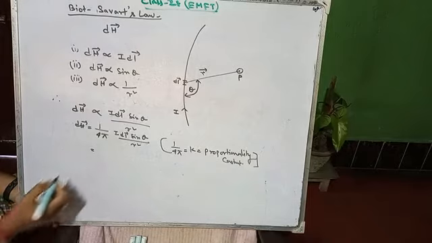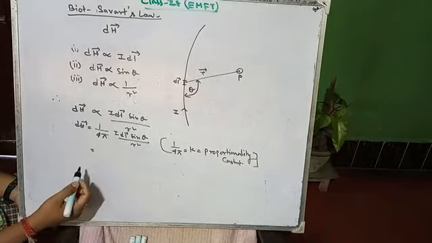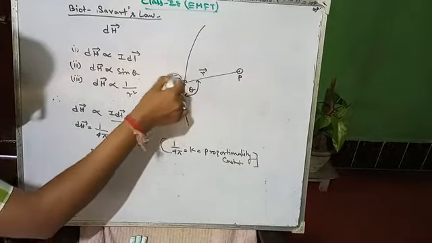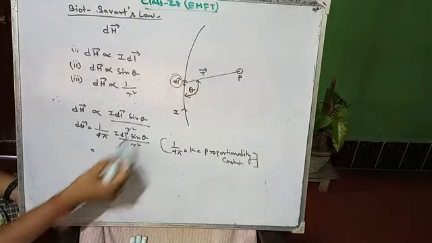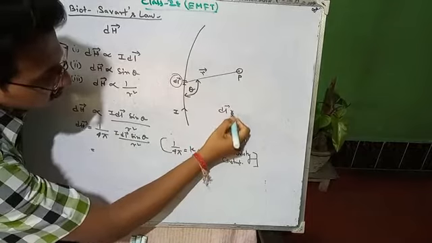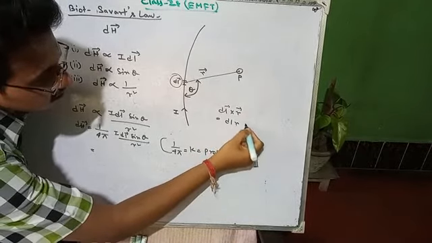Now, what is the sine theta? We are taking a vector dl and the r vector. So dl cross r will be written as dl r sin theta.